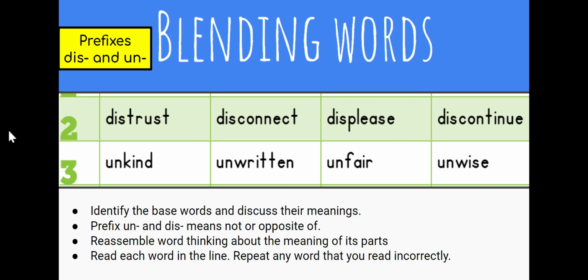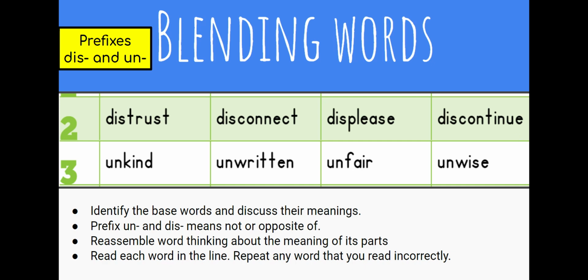Now, Kipsters, let's first start by going through and reading fluently the 4 words in line 2. There are at least 2 multisyllabic words. Alrighty, here we go together. 1, 2, ready, read. Distrust, disconnect, displease, discontinue.